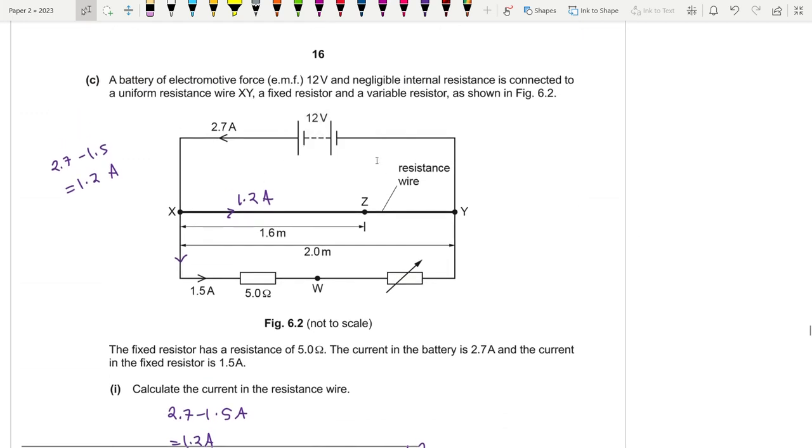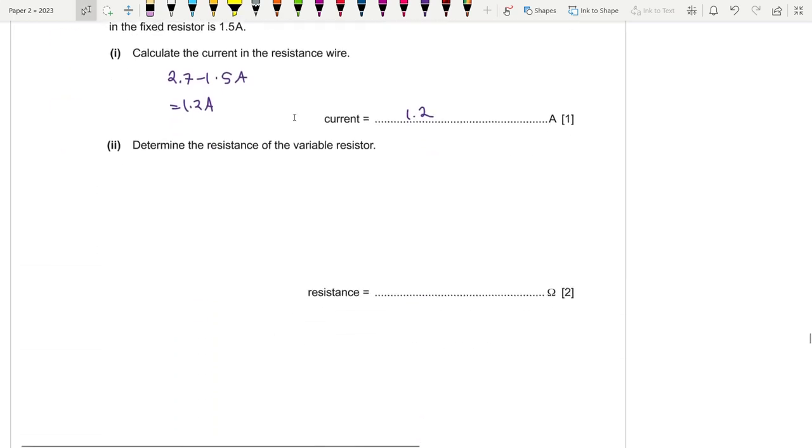The total EMF is 12, right? And there's no internal resistance. They mentioned that, so no lost volts. So 12 volts is the terminal PD. So let's find out the voltage of this guy over here. 5 times 1.5 gives you a value of 7.5. So the net value should add up to 12. So what will the variable resistor get? 12 minus 7.5, which is 4.5 volts. That's what we have to show.